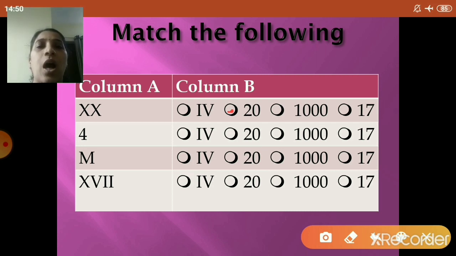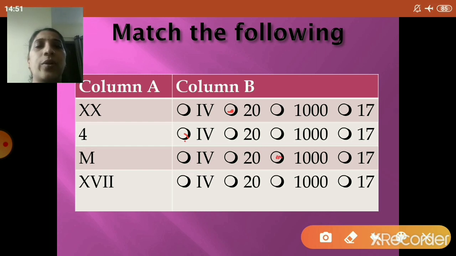So next one is 4. How is the Roman numeral for 4 written? Among these options, it will be your first option, right? Now for the symbol M, what will be the number? You will have to see over here: 4, 20, 1000 or 17. It will be 1000.